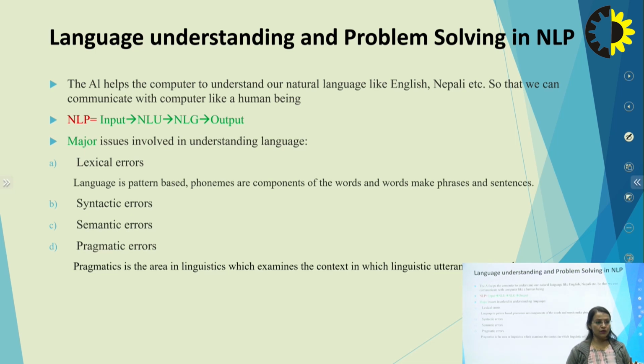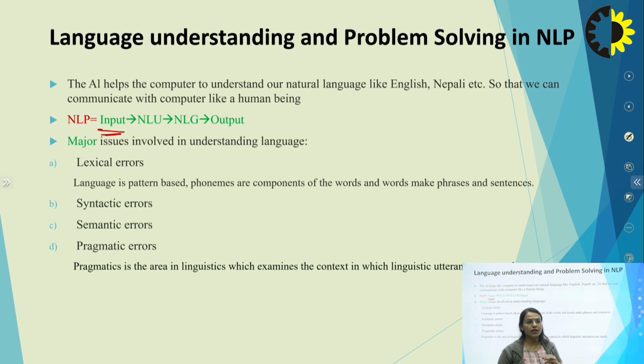But a machine does not have that kind of senses or intuition, so it is very difficult for a machine to understand that. So NLP is basically inserting that input in some kind of machine.